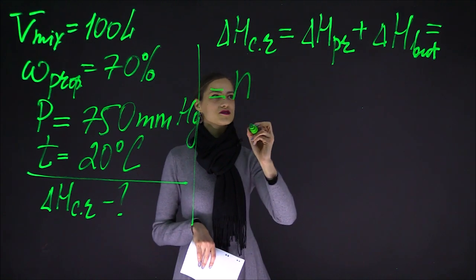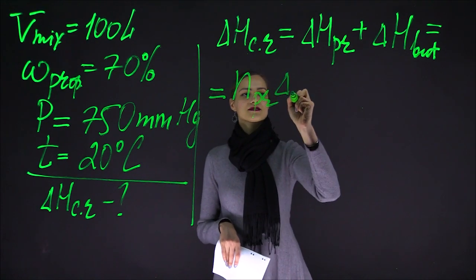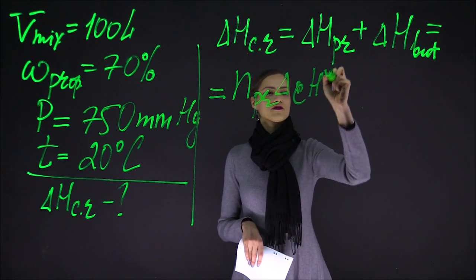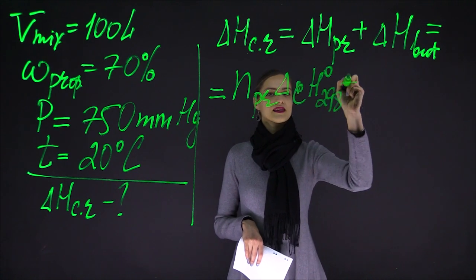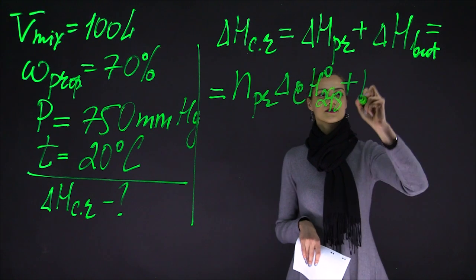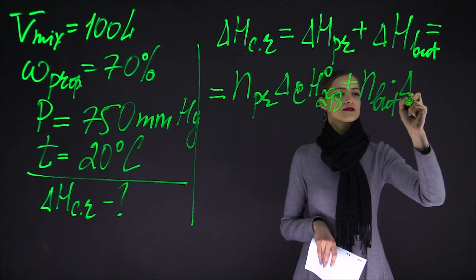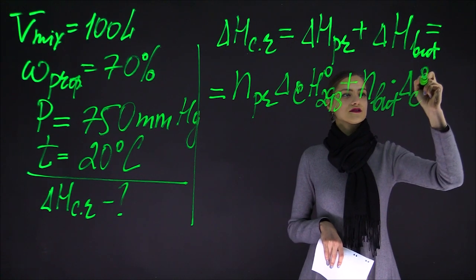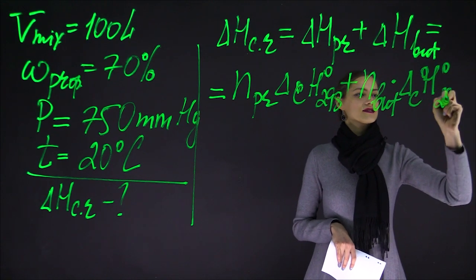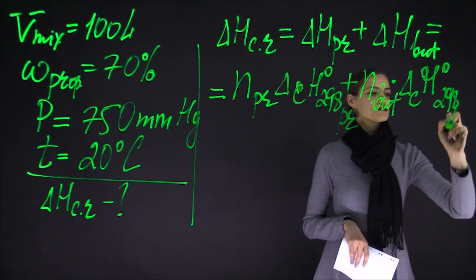We need to know the number of moles for the first gas and the standard heat of combustion for this gas, and the same for the second gas: the number of moles for butane and the standard heat of combustion for butane.